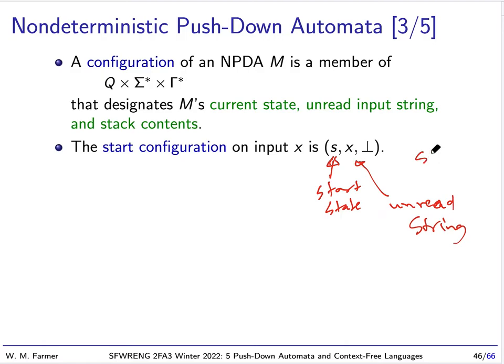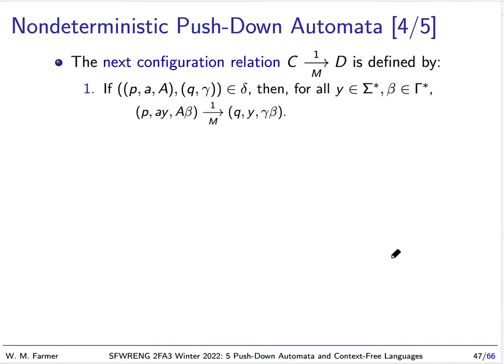And this is the start stack symbol. The start stack symbol can be whatever you want, but we represent it by this bottom element. And now we can define the next configuration relation, which takes us from one configuration to the next configuration.